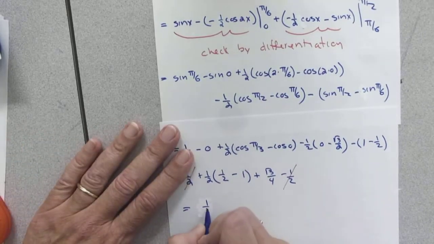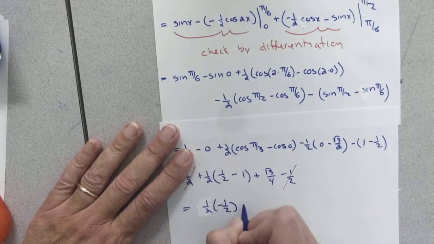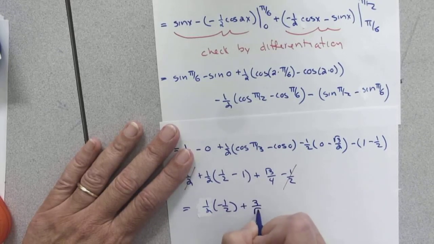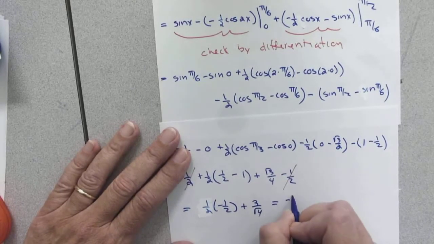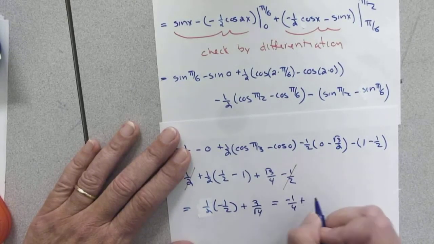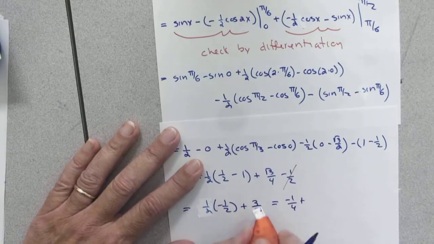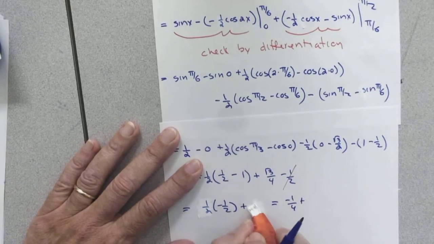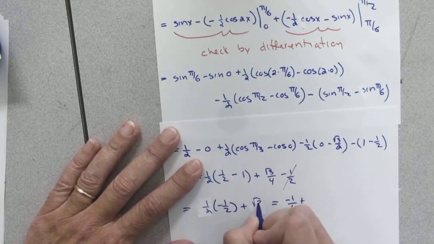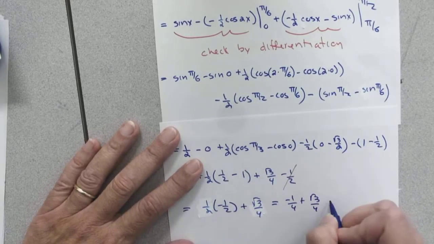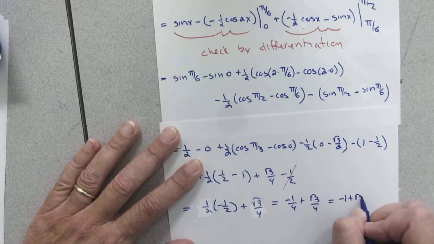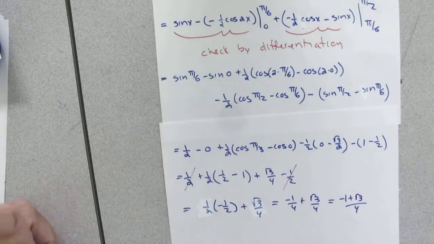And so what I've got is 1/2 times negative 1/2 plus square root of 3 over 4, which would be negative 1/4 plus, I got that backwards there, don't I? Glad I caught that. Square root of 3 over 4. So that's negative 1 plus square root of 3 over 4. And that is a positive answer, so it's possible to be the answer.